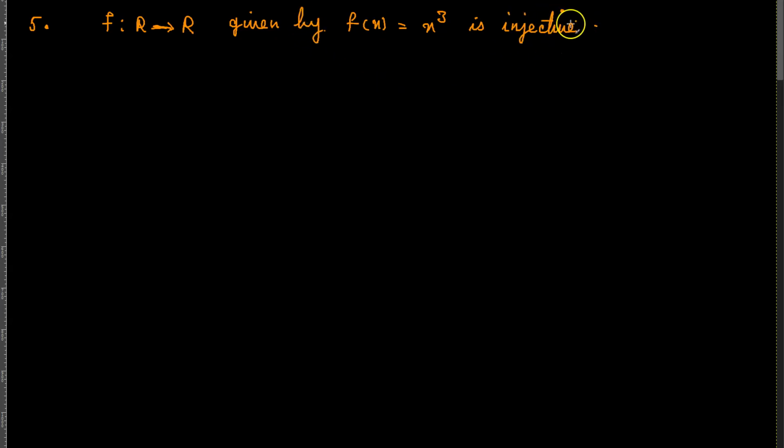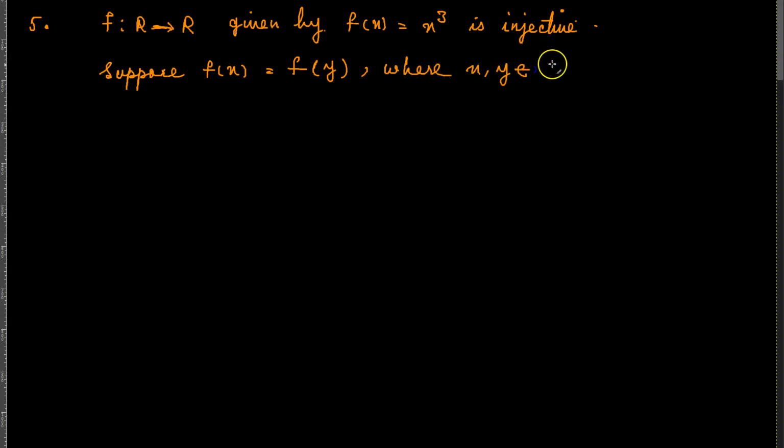If you want to show that this function is injective, that means you want to show that f is basically 1-1. Suppose that f of x is equal to f of y, where x and y belong to R.